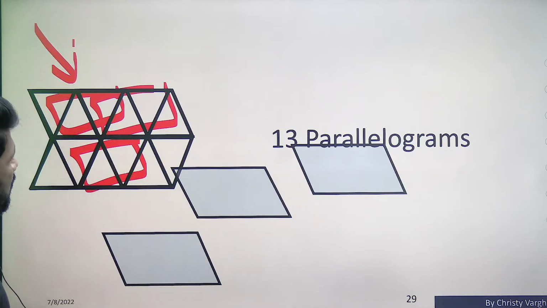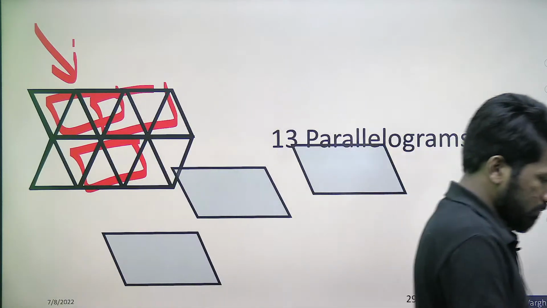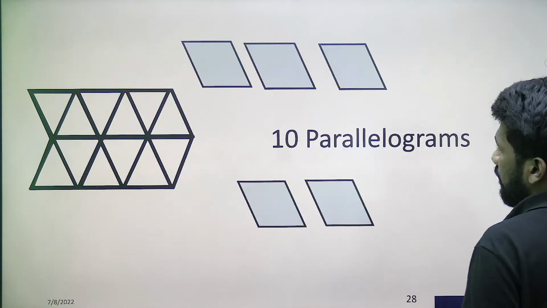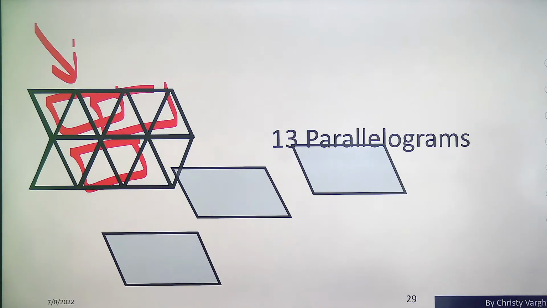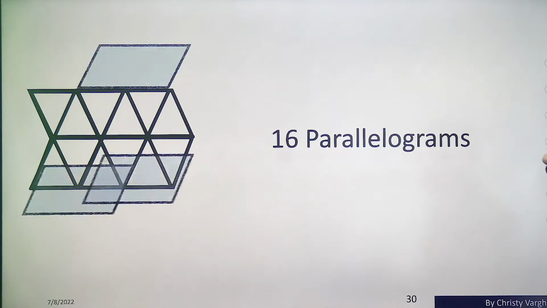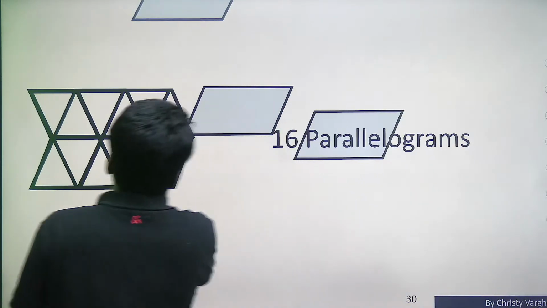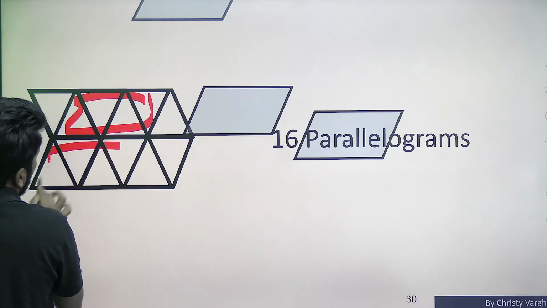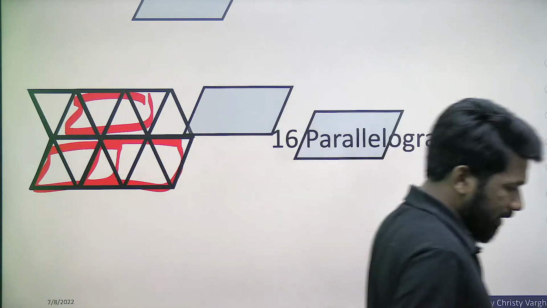Can you all see these 3 parallelograms? Please respond. Once again, these 3 parallelograms. So in this direction 3 means in the opposite direction also 3 will be there, na? Opposite direction 3, which are the 3? 1, 2 and 3. So 13 plus 3, 16 already counted.